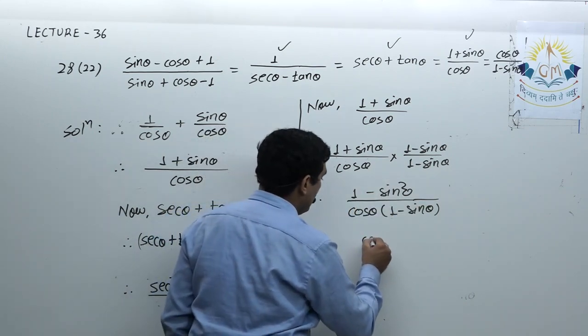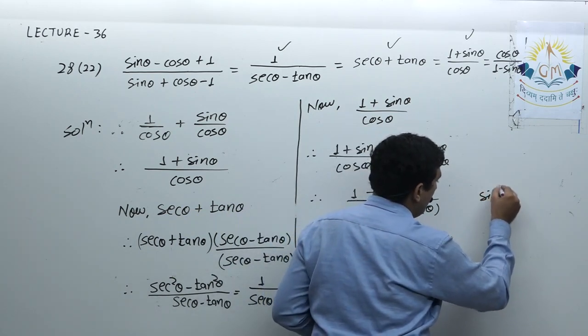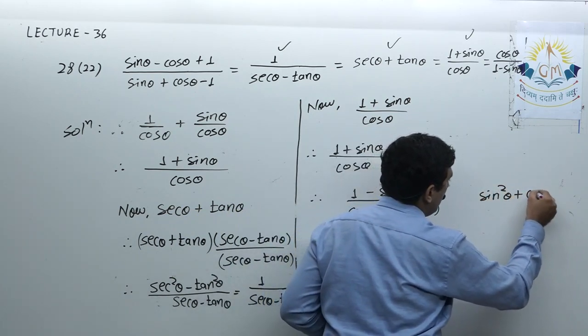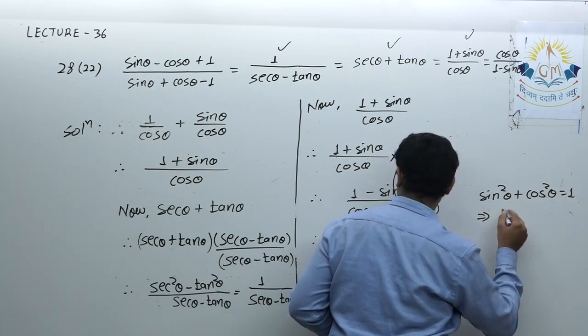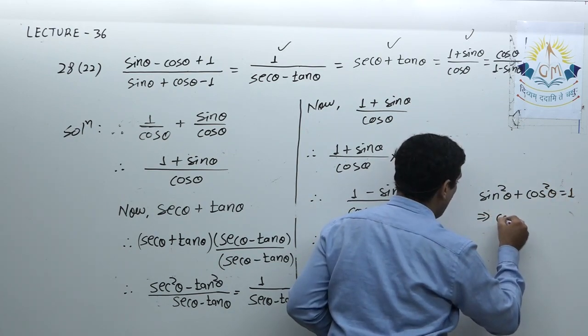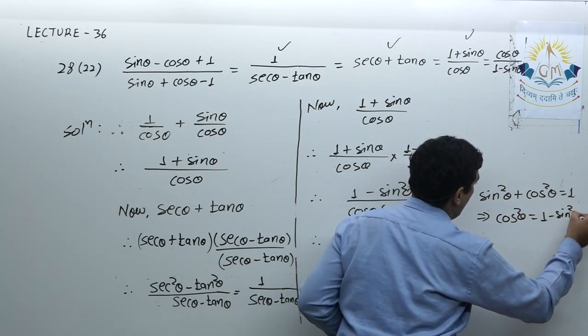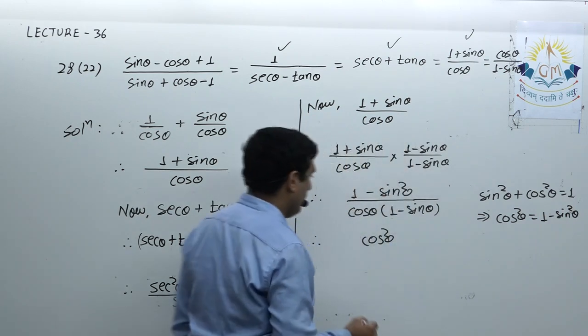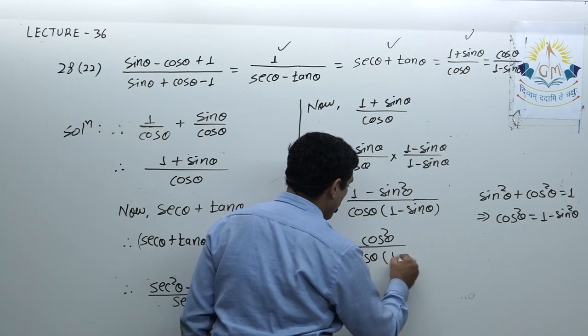So now see, 1 square is actually 1, so 1 minus sin square theta can be written as cos square theta. Okay, with the help of the identity sin square theta plus cos square theta is equal to 1, I can write that cos square theta is equal to 1 minus sin square theta. Okay, so here I have cos square theta upon cos theta into 1 minus sin theta.